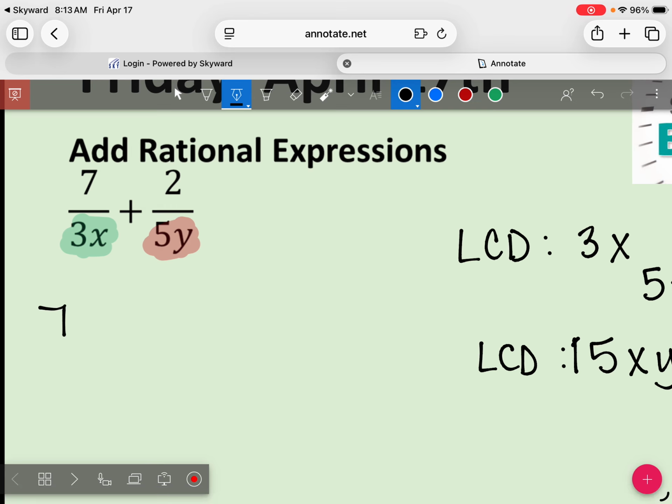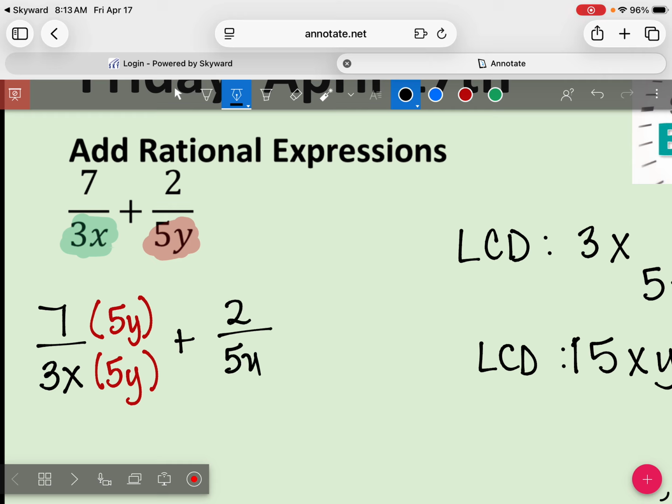So my first fraction, we're multiplying that one by 5y. And then the second fraction, you're multiplying that by 3x.